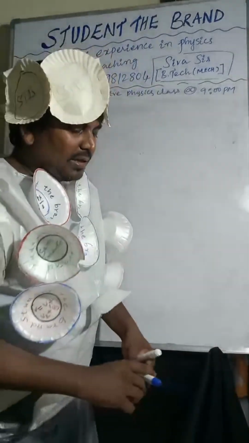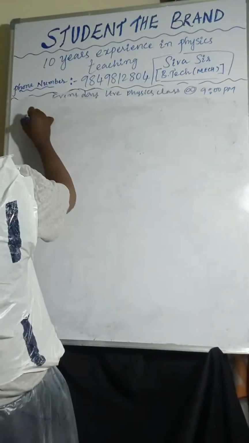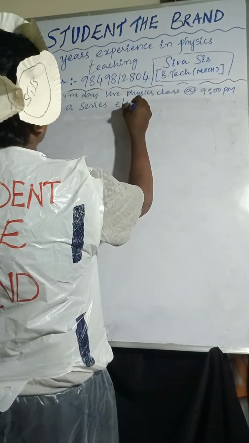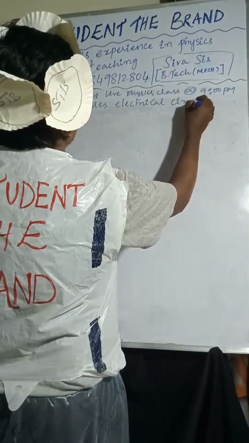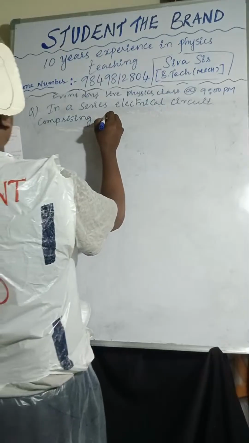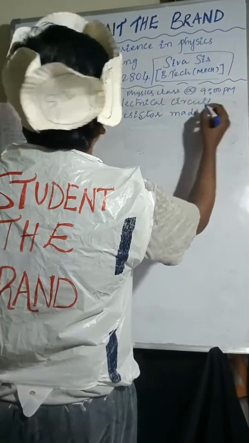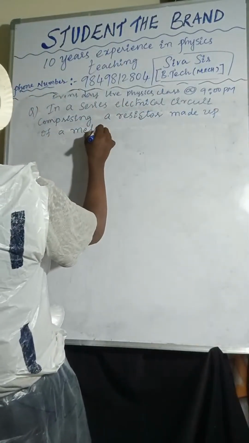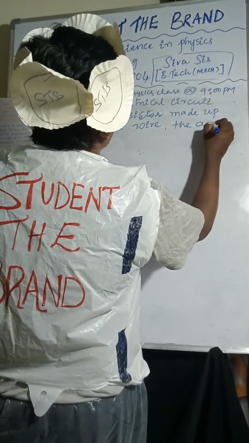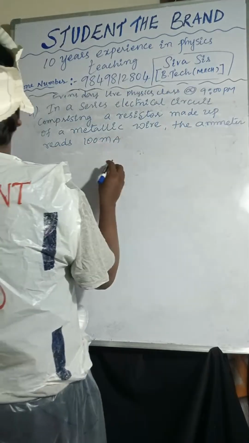So the next question is: in a series electrical circuit comprising a resistor made up of a metallic wire, the ammeter reads 100 milliampere.